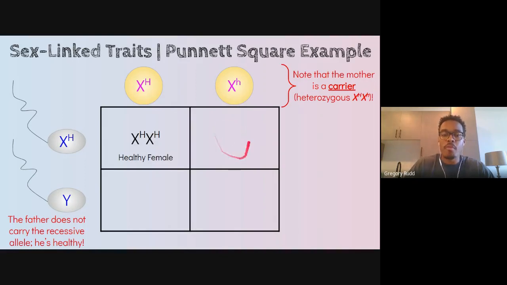What goes in the top right box over here? What genotype goes over here in the top right box?